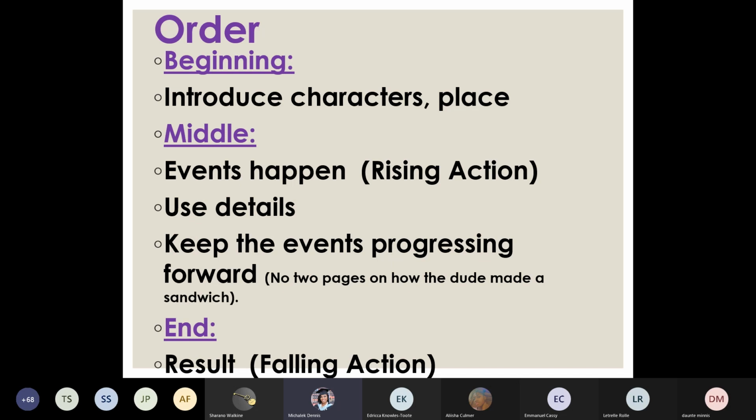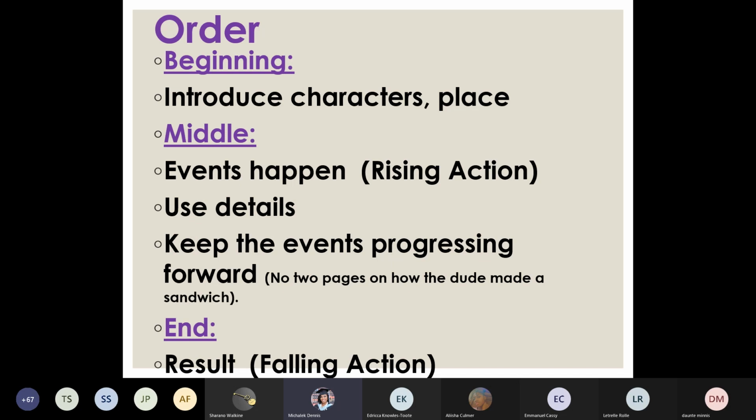So when you write your personal narrative, your personal story, you want to make sure that you have the setting, and that you introduce the main characters, the characters that you would like to talk about, whether it's your mom, your Grammy, whoever it may be, at the beginning, because you're setting the pace for the rest of the story.